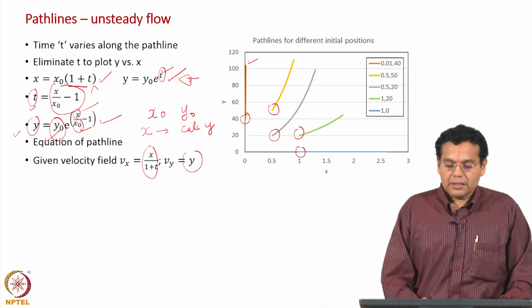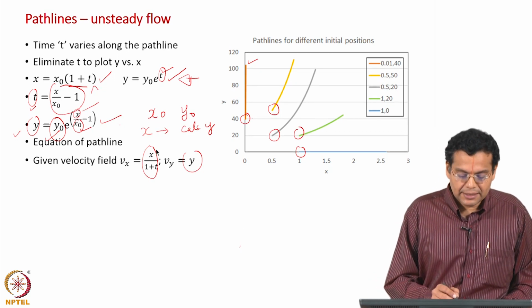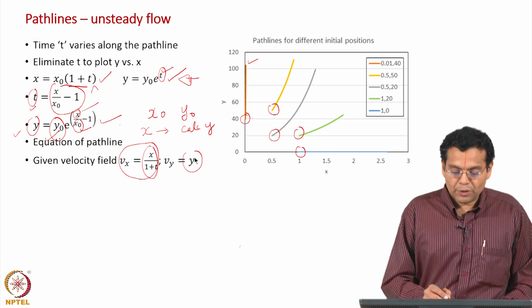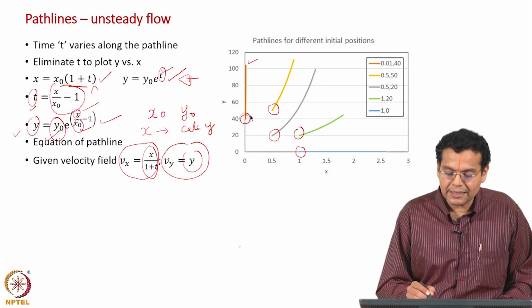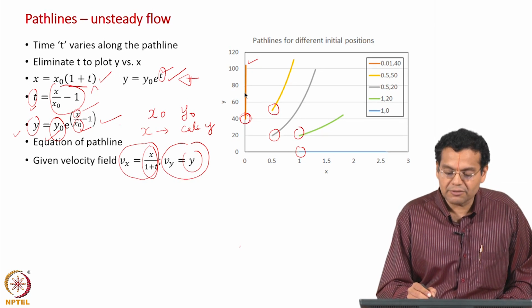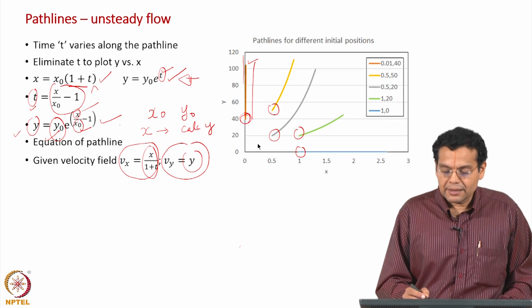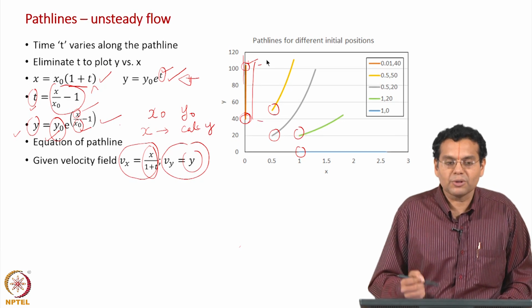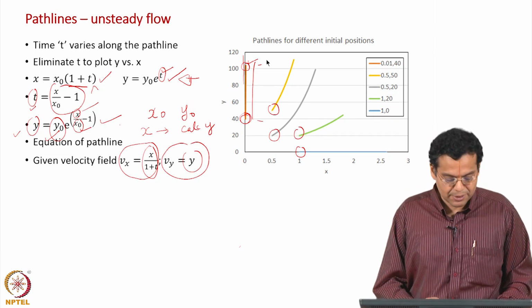Because you are almost close to the y axis, the x component of velocity is very small, and the y component has a large value. That is why the particle starting here almost travels vertically. Over the time period, the distance traveled along the x direction is very less, but it travels a long distance along the y axis, because the y component is much higher than the x component.